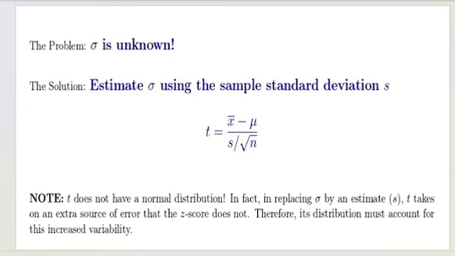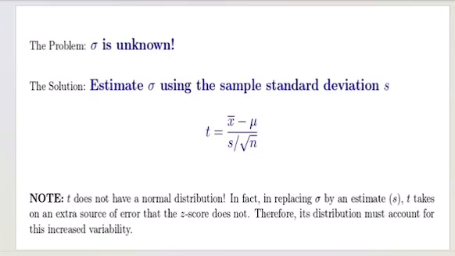We're going to have a distribution called the T distribution. That was why I said T does not have a normal distribution. But let me tell you this. The beauty is this: if the sample size increases, the T distribution behaves like a normal distribution.